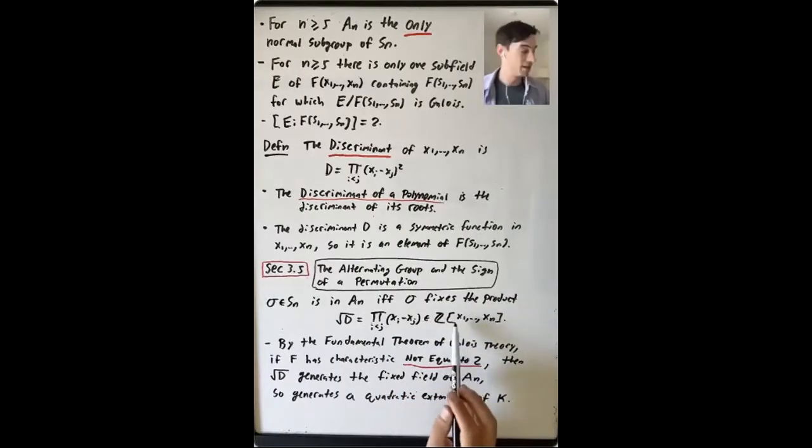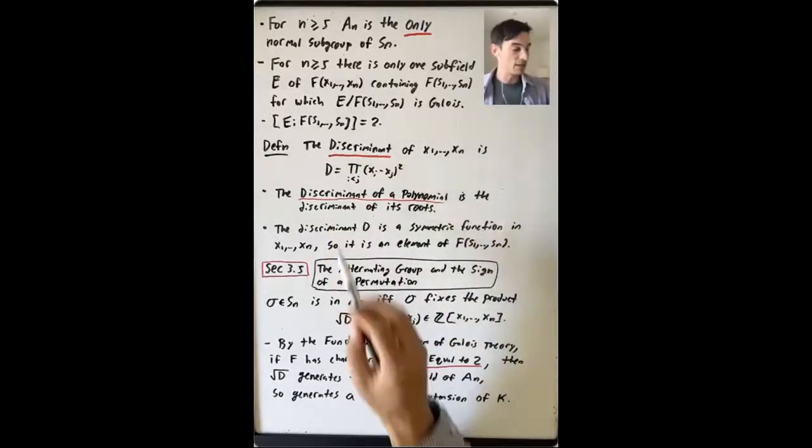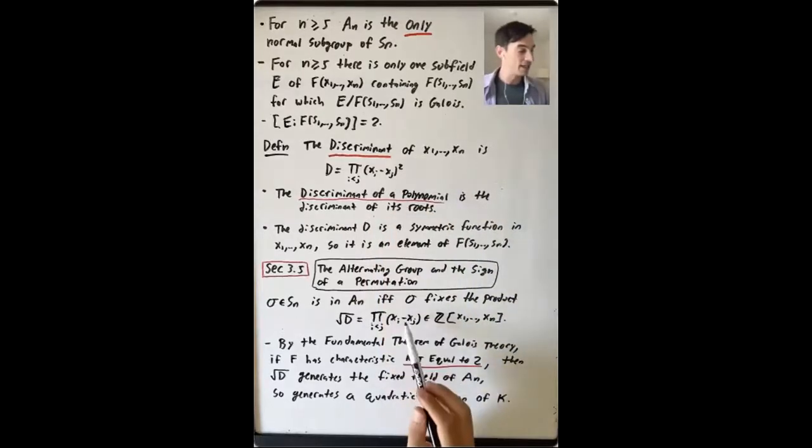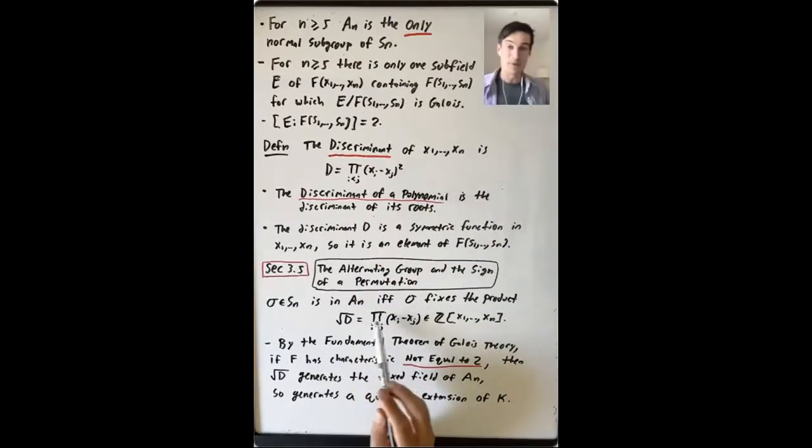Okay, so this is some polynomial in x1 up through xn. Why is it called square root of D? Well, we've just taken the squares away from D here. Okay, so what happened, right? When you apply a permutation sigma, you're still getting a product of a whole bunch of x something minus x something else. And when you make these switches that come from the permutation, you pick up a whole bunch of factors of minus 1.